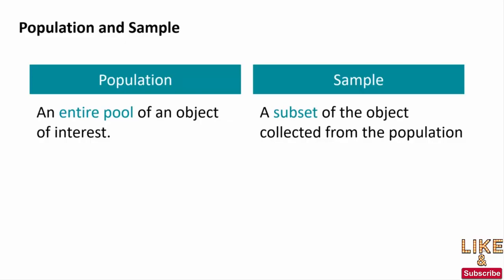Suppose I want to know the average level of work motivation of my subordinates. In this case, by using some survey, it's not difficult for me to obtain data on the motivation level of all of my subordinates. So, the dataset contains data of an entire pool of the object of my interest. That is, a population.